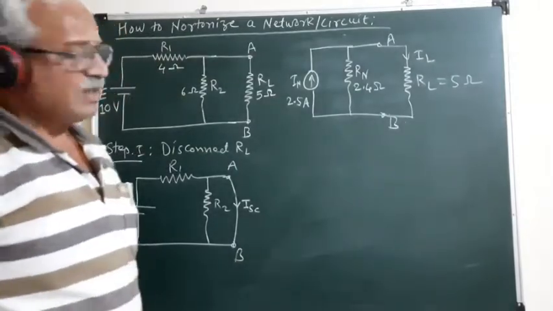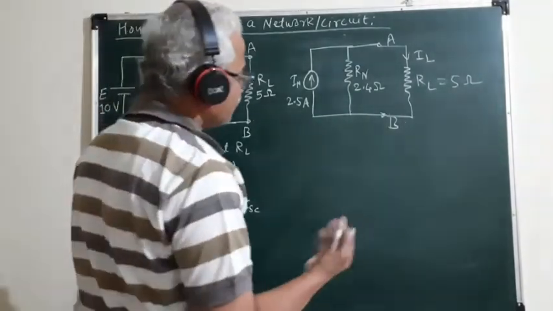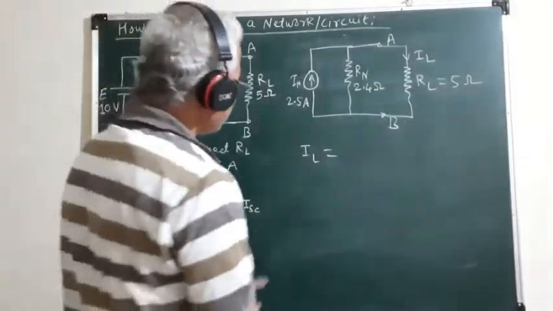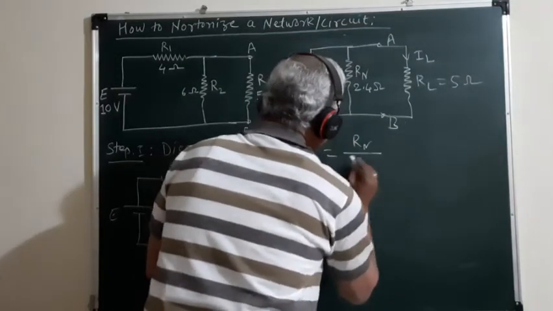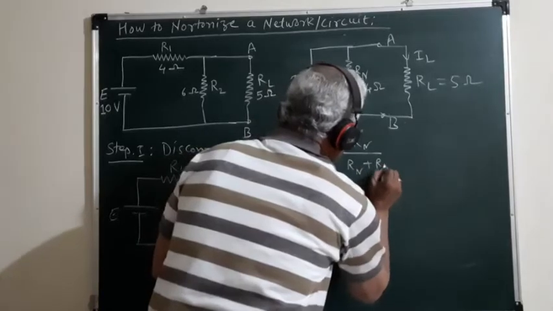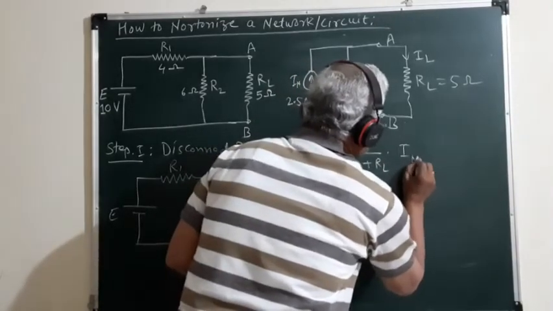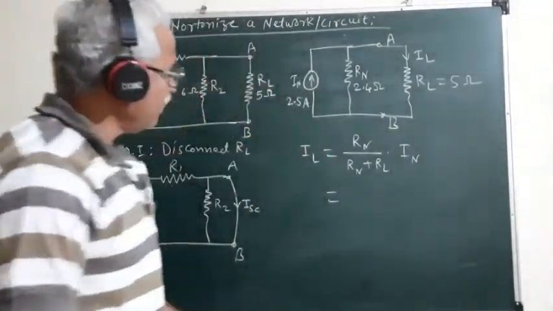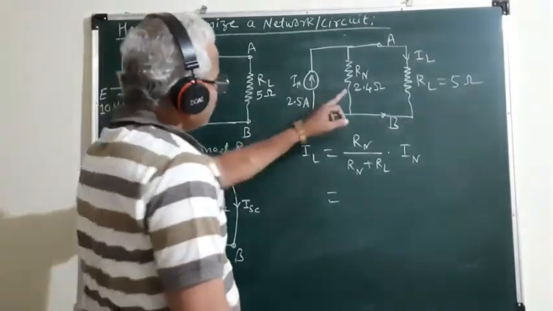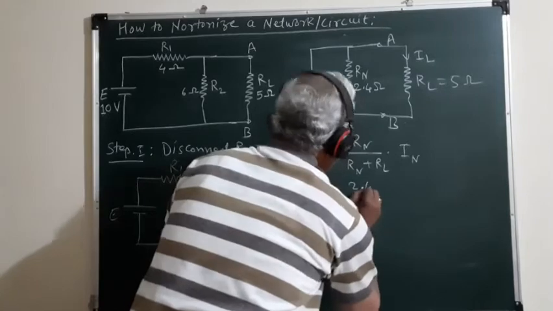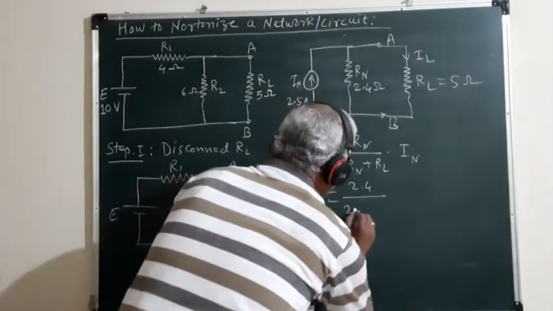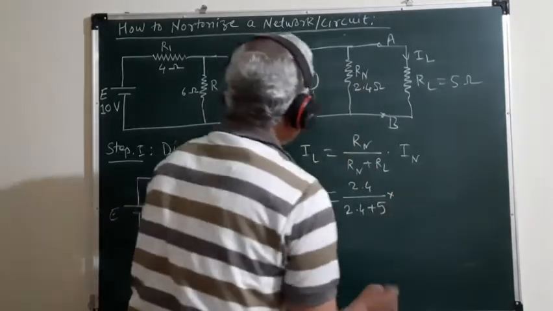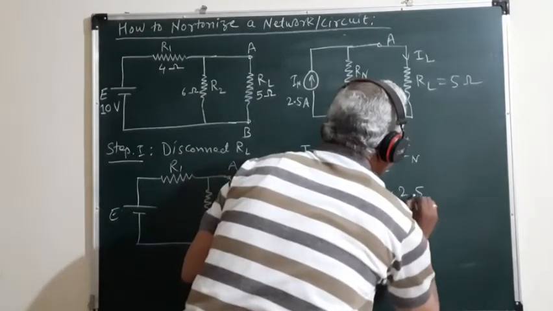By using the current division formula, IL is equal to RN upon RN plus RL into the total current sent by the source, that is IN. So 2.4 ohm divided by 2.4 plus 5 ohm, multiplied by 2.5 ampere.